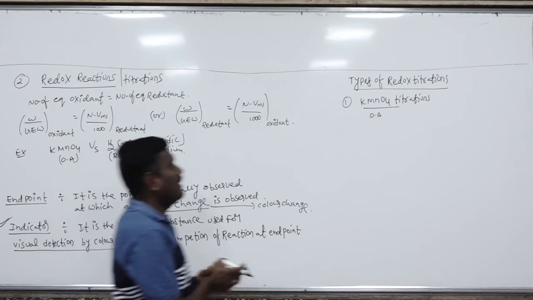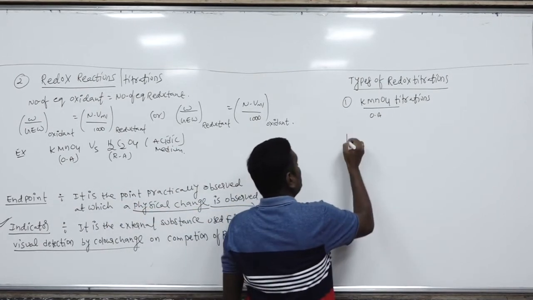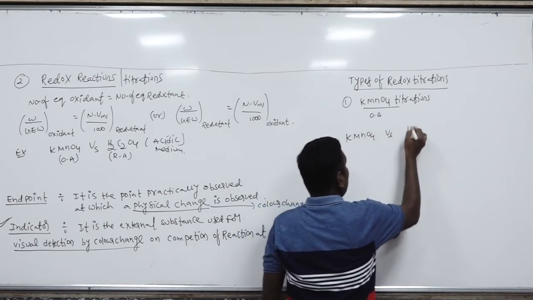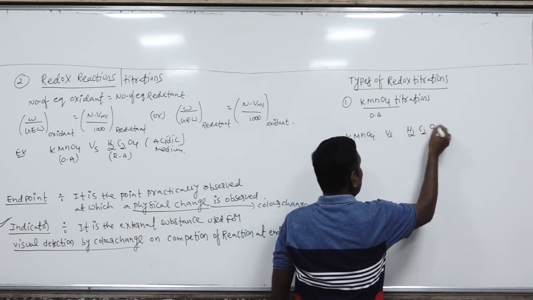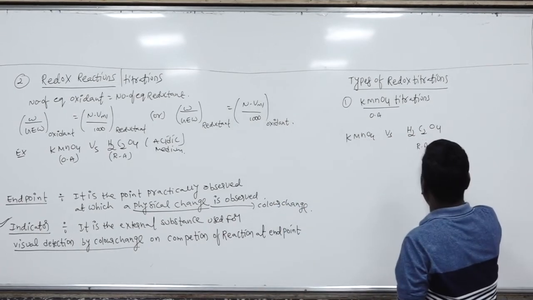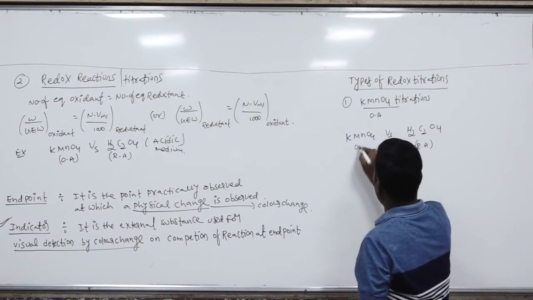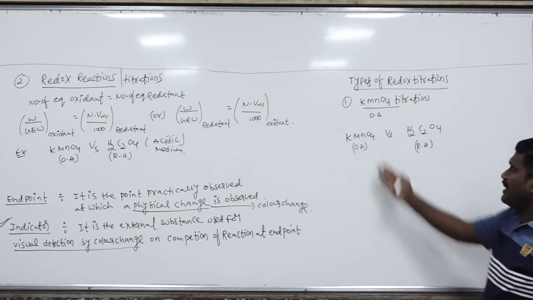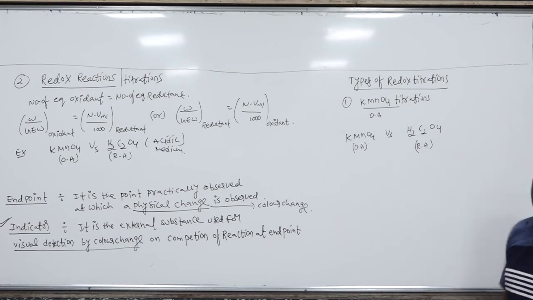Now in this potassium permanganate titration, let's suppose KMnO4 versus oxalic acid is given. Oxalic acid is a reducing agent. Potassium permanganate is an oxidizing agent. Now the titration between potassium permanganate versus oxalic acid.